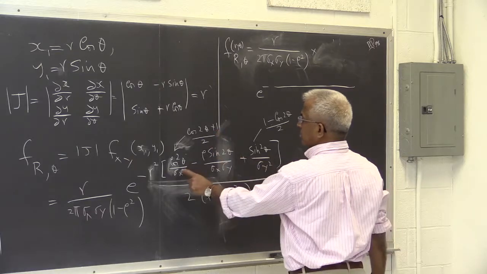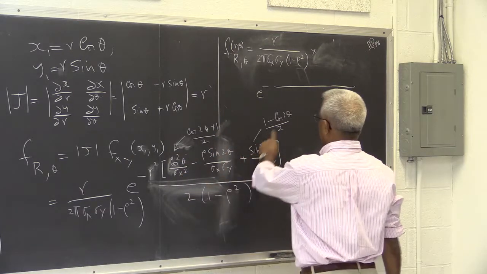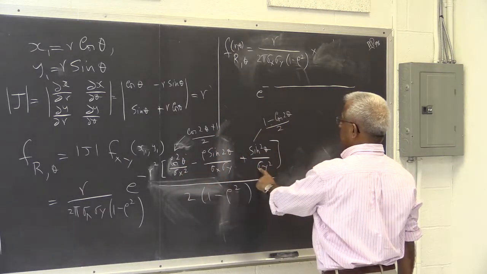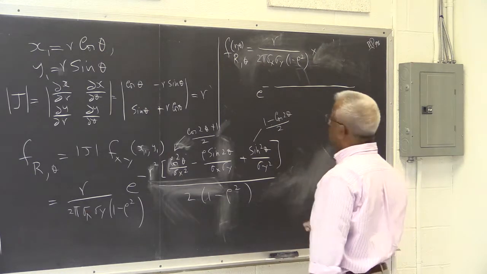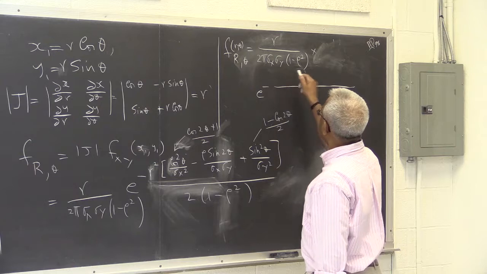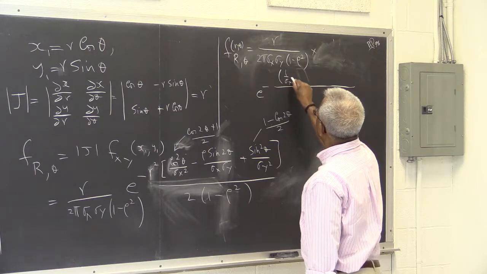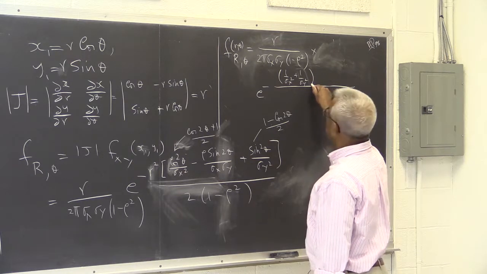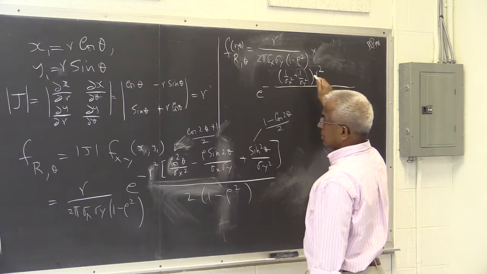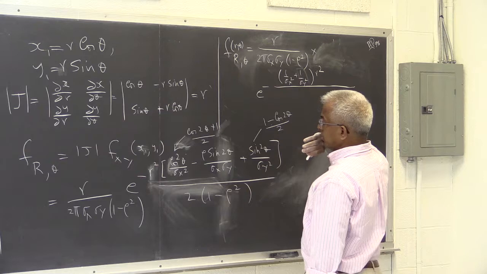Notice that you have 1 over sigma x squared, 1 over sigma y squared. So that's going to be 1 over sigma x squared plus 1 over sigma y squared multiplied by r squared divided by 2.